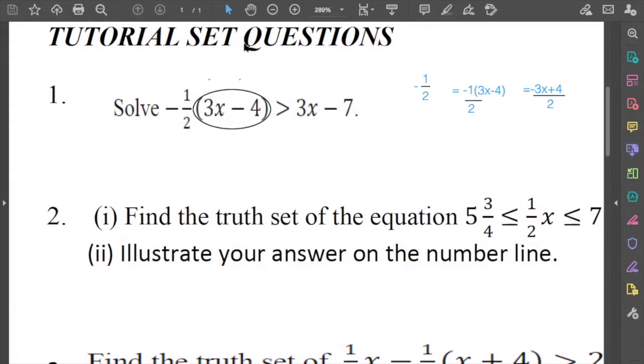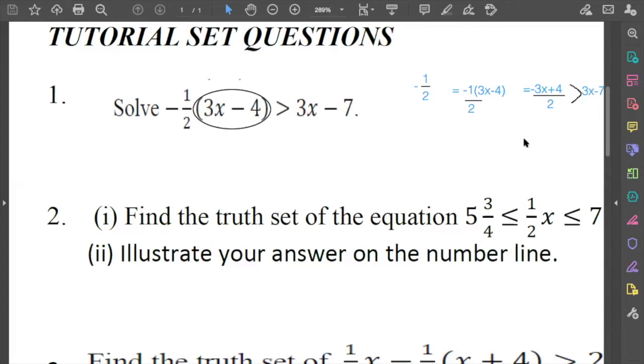So at this point in time, I am going to have greater than 3x minus 7. So I have here 3x minus 7.